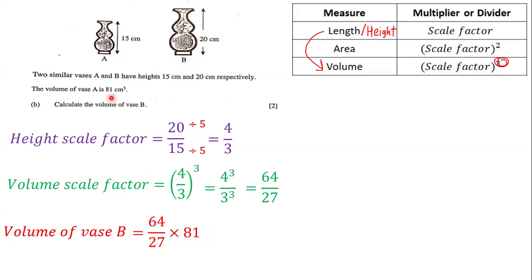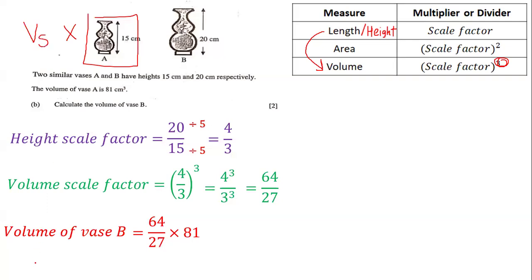Why 81? Because 81 is the volume of vase A. If we know the volume of this particular vase, all we need to do is multiply it by the volume scale factor.